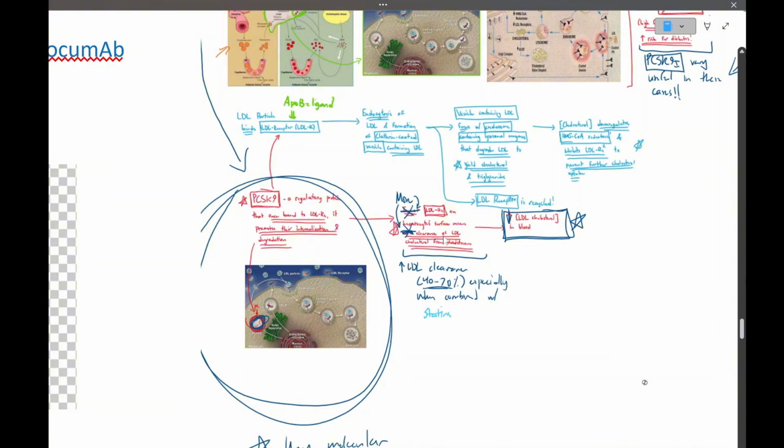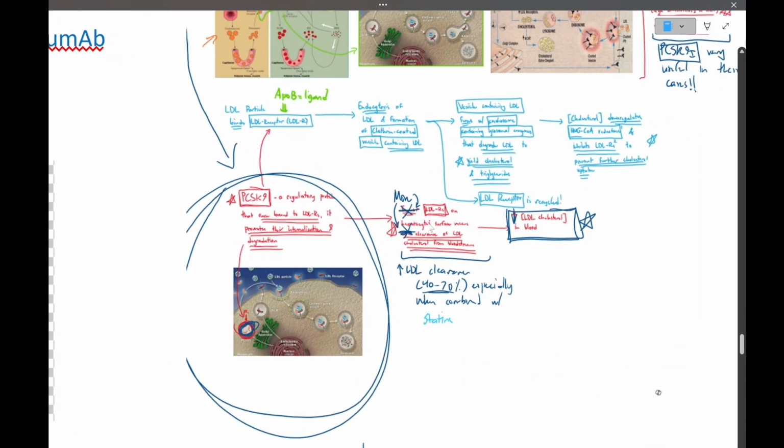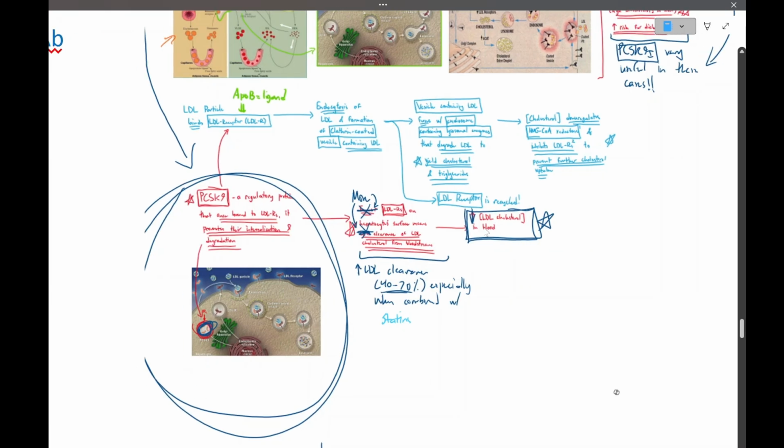So this means that fewer low-density lipoprotein receptors on the hepatocyte surface can contribute to the clearance of low-density lipoprotein cholesterol from the bloodstream, which results in an increase in low-density lipoprotein cholesterol in the blood.